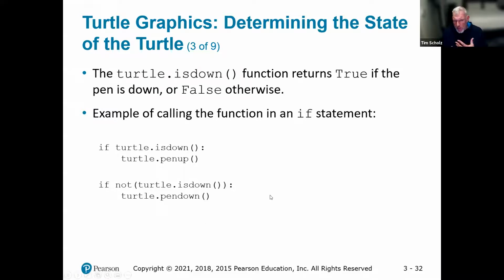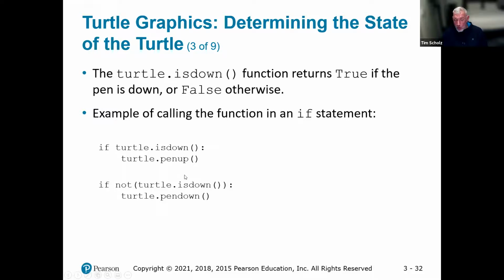When you read expressions like this, you can easily say if turtle is down equal true. That's essentially the same thing. And this is saying if turtle is down not equal true. That's what these two statements are.